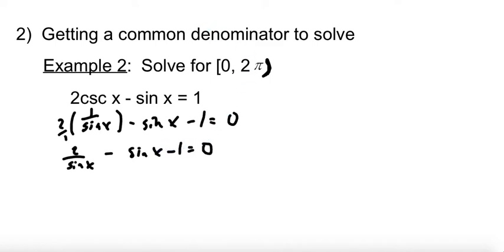Alright, so I can't really work with sine when it's down there in the denominator, so just like we did in the last problem, I'm going to multiply all of the terms here by sine x.